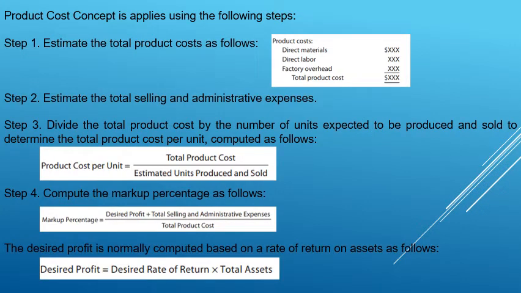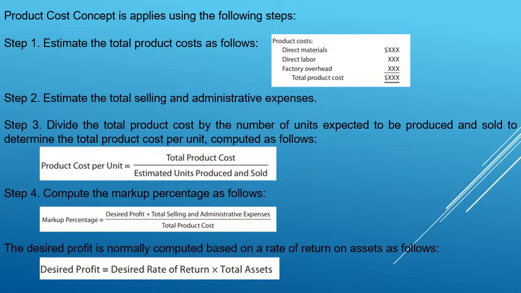The product cost concept applies using the following steps. So first, we have to estimate the total product cost, which is the total value of the direct materials, direct labor, and the factory overhead. So second step is to estimate the total selling and administrative expenses.